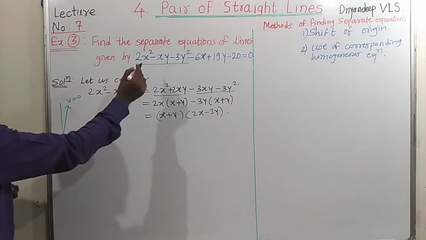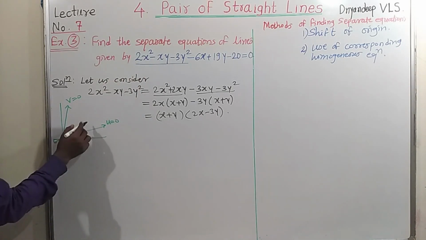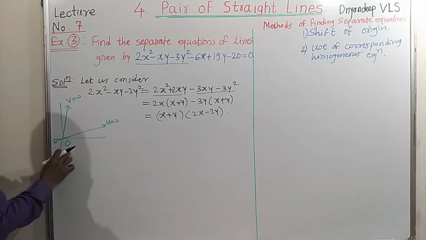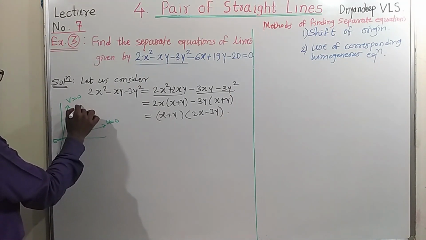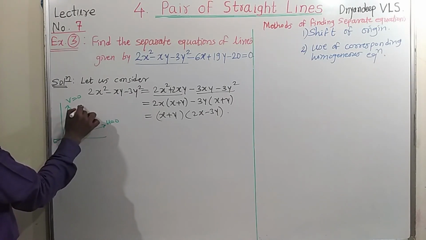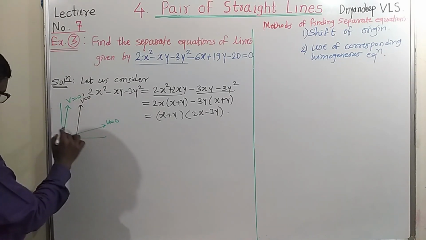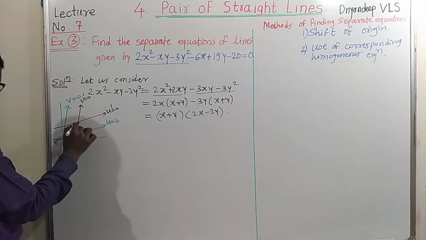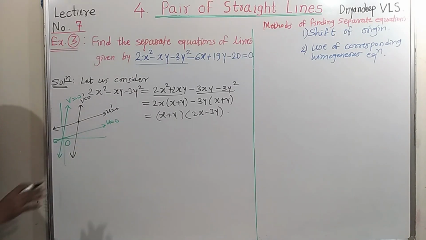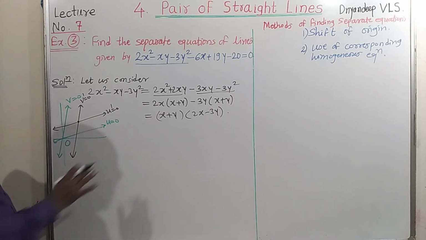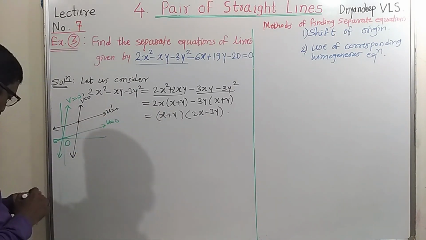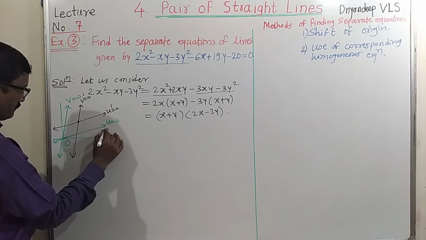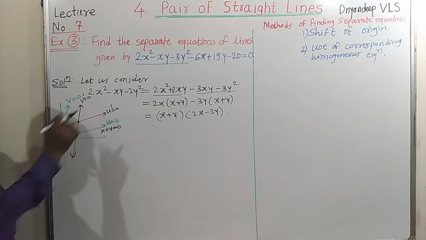So the given two lines are parallel to these, but they are passing through some other point than the origin. So we can consider those two lines as one parallel to v and one parallel to u. We don't know their point of intersection, and we are not finding it here. We are just using this homogeneous expression. So if the equation of u is x plus y equal to 0, what will be the equation of u dash?